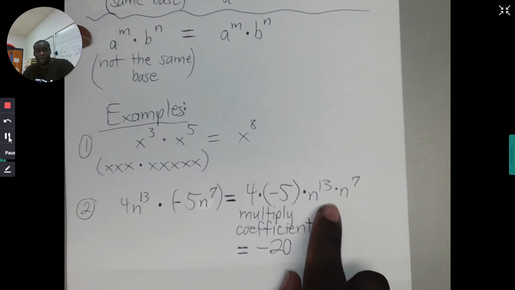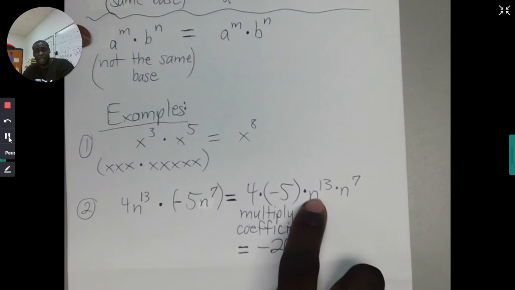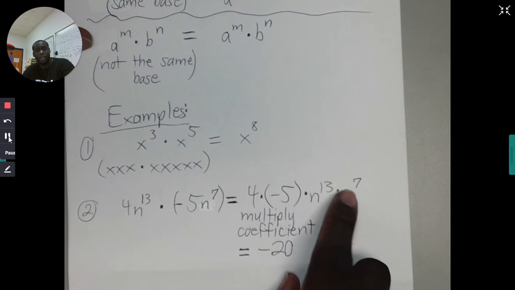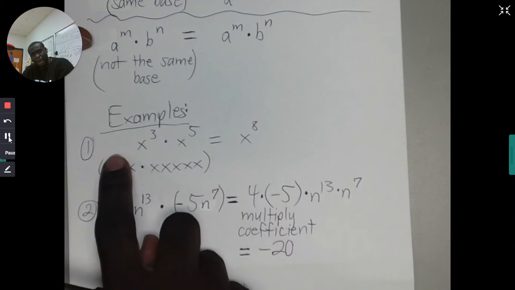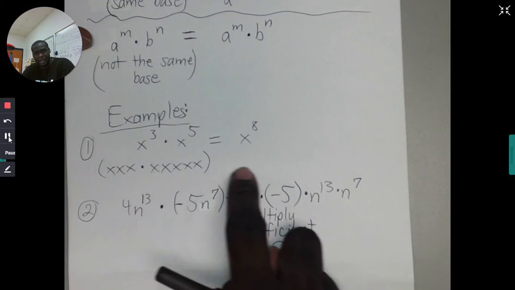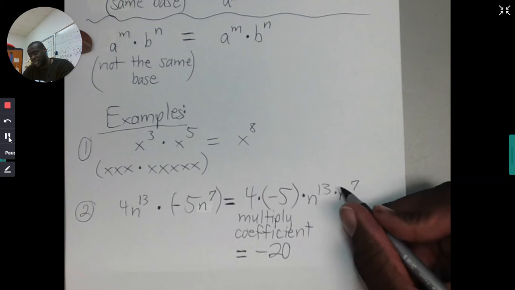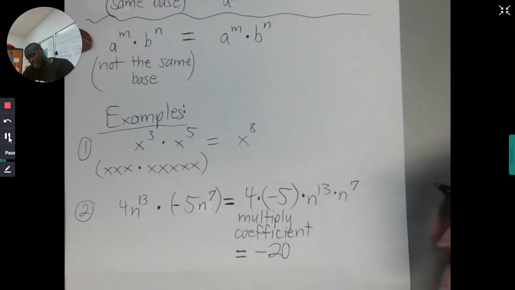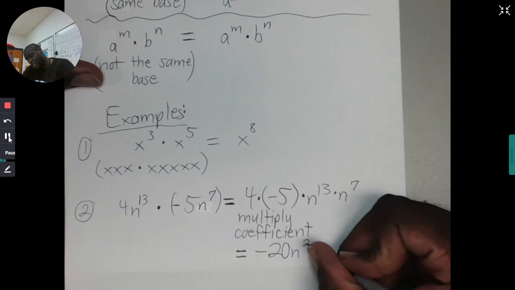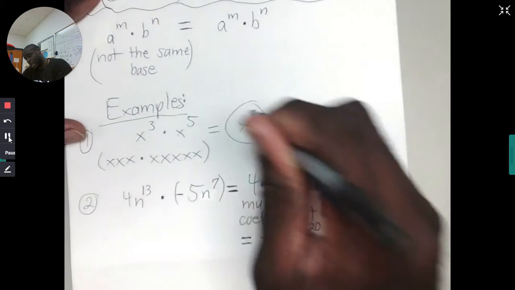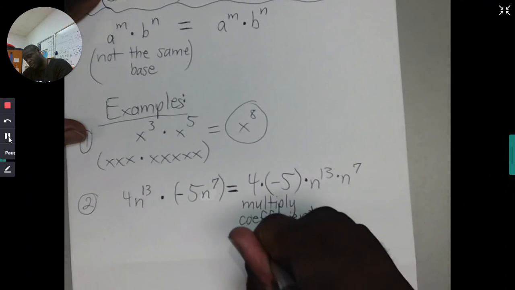Again, for this first one, there are 13 n's. For the second one, there are 7 n's. When you put it all together, how many n's is that? 13 and 7. If you got to write it out like this so you can figure out how many it is, I don't really care. But again, you take the sum of those exponents, and that is n raised to the 20th power. Okay, so that would be written like this. This would be simplified like this.